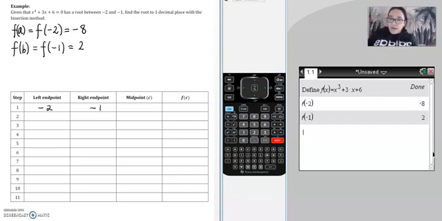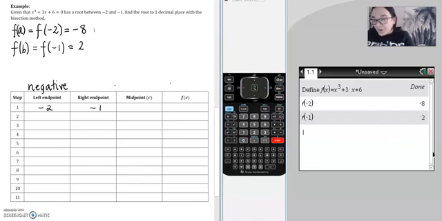Now, to use a table like this, what I like to do to keep track of what y value is positive and negative: the left endpoint is the one that has a negative y coordinate. So I'm going to put a negative here, or alternatively, if you want to make it super clear, the left endpoint at the moment is the one with the negative y value.